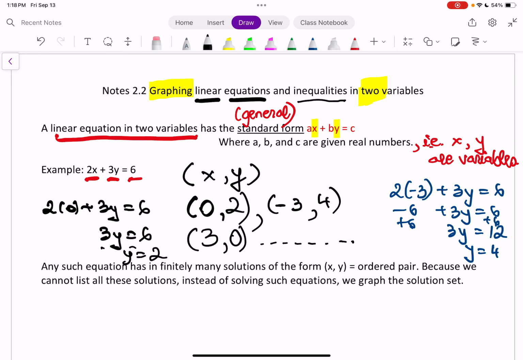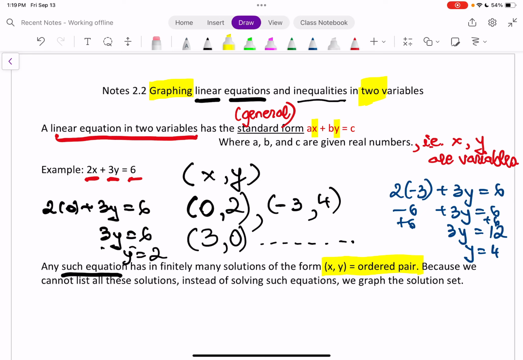Okay. So any such equation, again, two variables, really, any equation in two variables, doesn't have to be linear, has infinitely many solutions of the form x comma y, right? We need an answer for x and an answer for y. We call these ordered pairs, right?